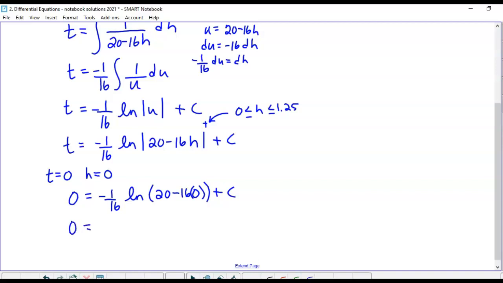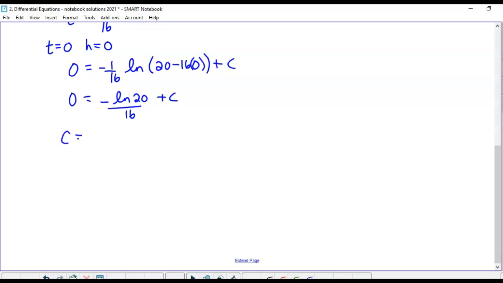So that's going to be ln of 20. So this is going to be negative ln 20 over 16. Oh, plus c. So c equals positive ln 20 over 16. So then substitute that back in.